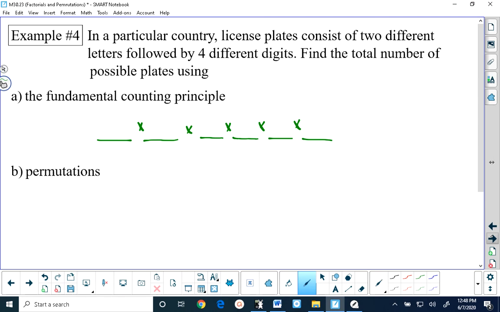So we have 2 different letters. Well, there are 26 letters in the alphabet, so the first letter can be any one of 26, and the second can be any one of 25. Then we have 4 different digits. In our mathematics system, there are 10 digits, 1 through 9 and 0. We have 10 different choices for the first position, then 9, then 8, then 7.